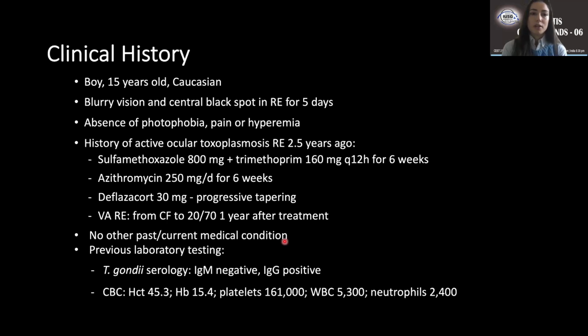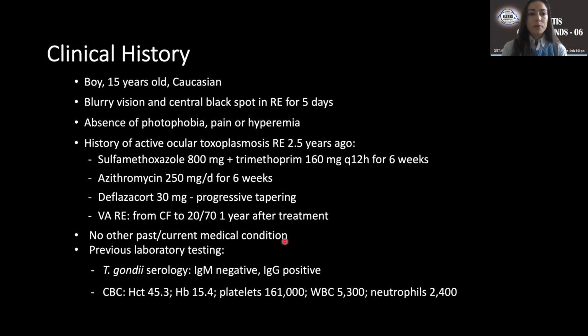On that occasion, his vision went from counting fingers to 20/70 one year after treatment. And the boy was otherwise healthy with no other past or current medical conditions.